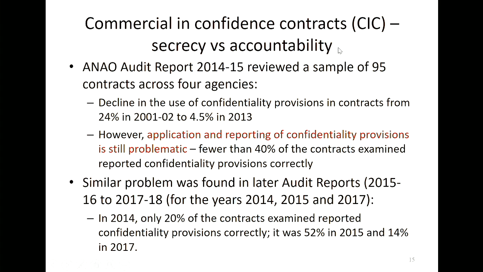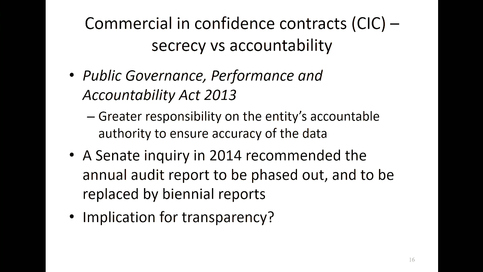A similar problem was found in later reports. Even the most recent one, 2017, they still found only 14% report confidentiality provisions correctly. So there's still a problem in terms of reporting the provisions.